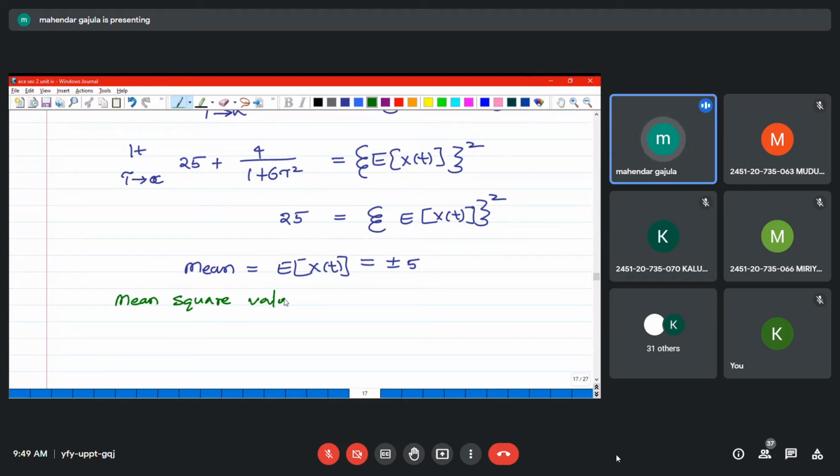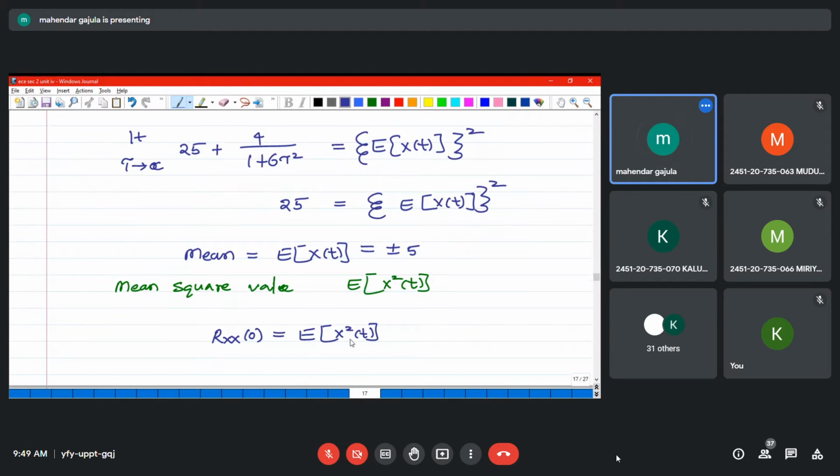Next, the mean square value. Mean square value is what? Expectation of x square t. How do you find this? R double x 0 gives you the mean square value. Am I right?